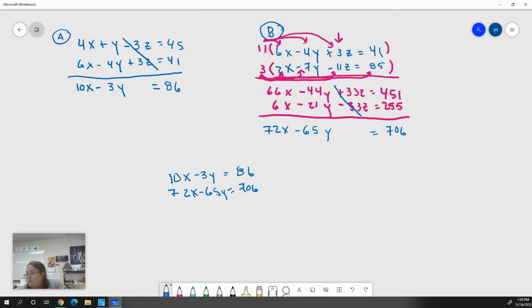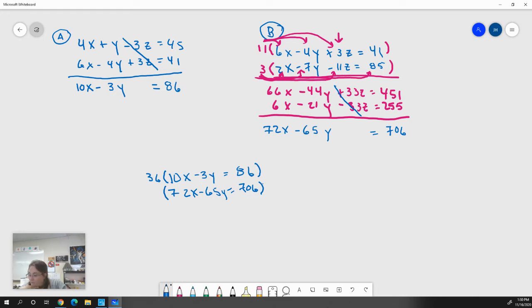The closest thing I'm going to get is if I multiply this times 36, which would give me 360, and I know that 72 goes into 360. 10 doesn't go evenly into 72 times 2, so you've got to go until you get something that ends in 0 that 10 will go into. And for us, that is 360, which is 72 times 5.